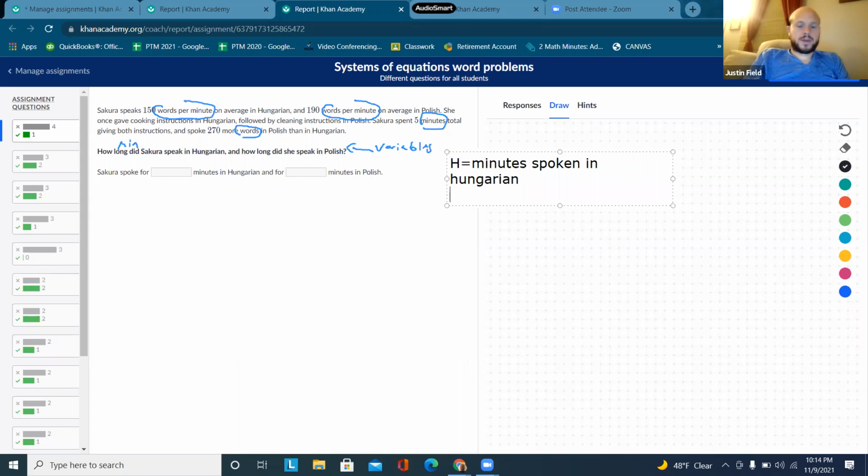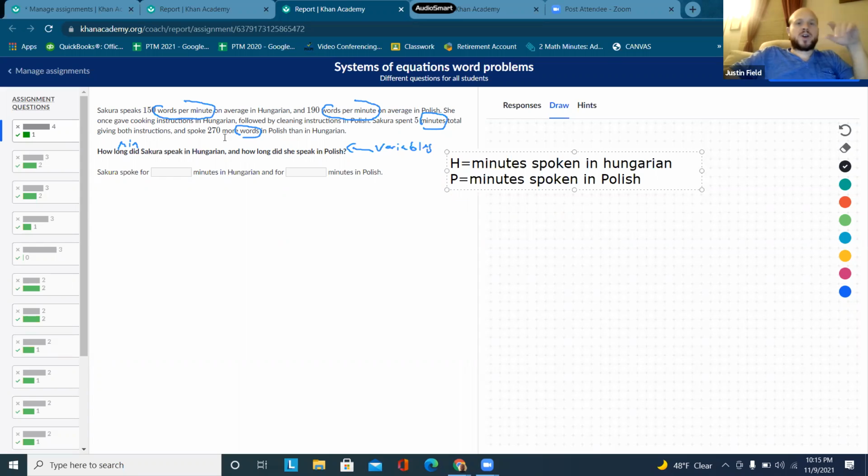And then P, you know, I'm 50% Polish, is minutes spoken in Polish. All right. And then we also have words, right? And then we have words per minute.